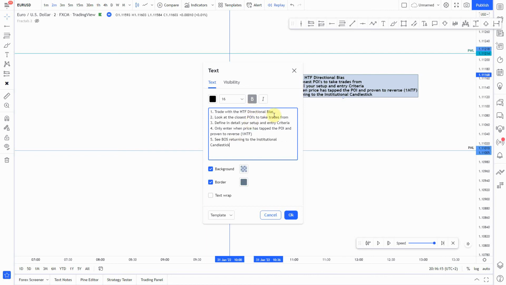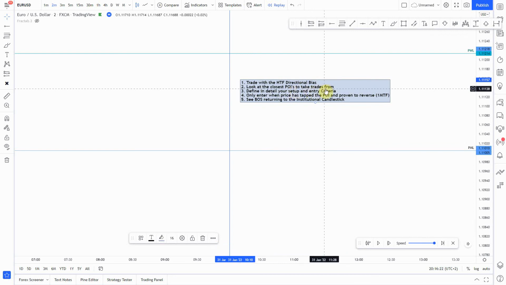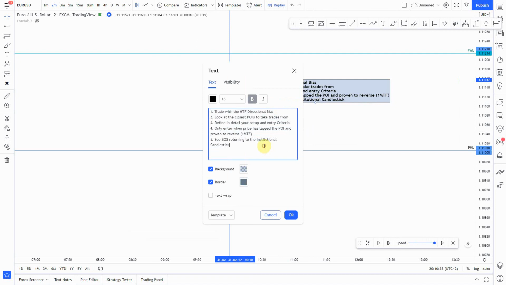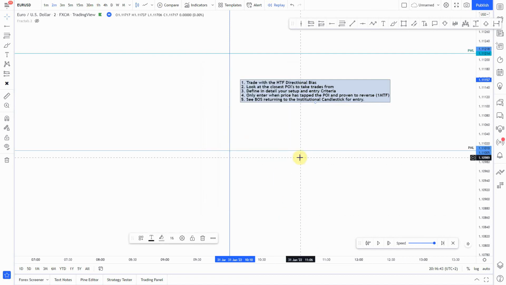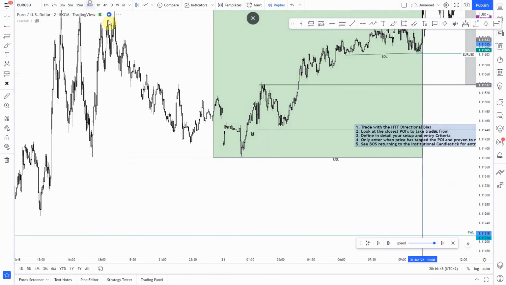So: trade with the higher time frame directional bias. Look at the closest point of interest to take your trades from. Define in detail your setup and your entry criteria. Only enter when price has tapped the POI and proven to reverse in a 1 minute time frame. So you need to see price break structure, returning to the order block for entry. Let us just look at these things in detail before I end the video.